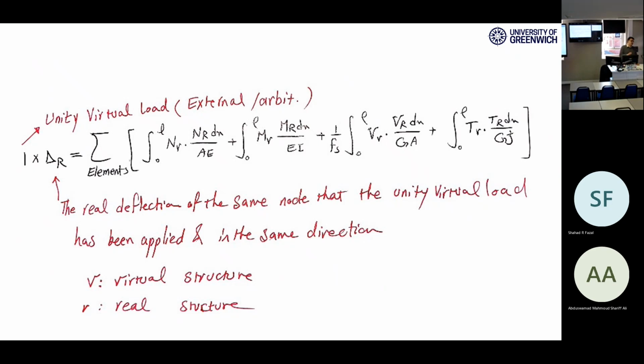Otherwise, if you come back to it later, you can easily figure out how we can demonstrate the approach. And for virtual work, we always have two structures.